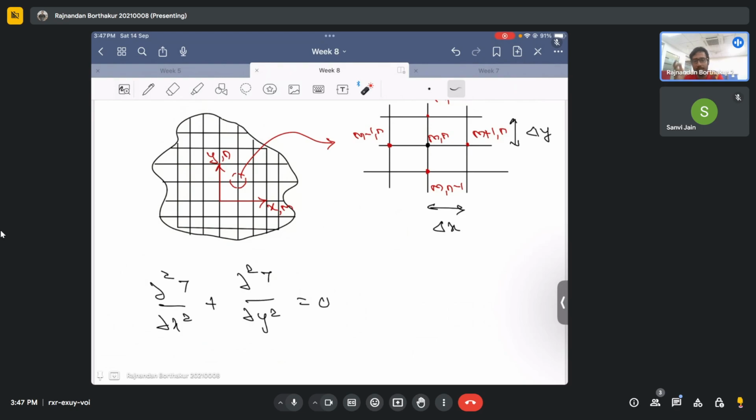So the idea is, let's say you know the boundary condition of this geometry, although this is an arbitrary geometry. If you know the boundary condition, how do we use numerical methods to basically evaluate the temperature field inside this body? But now you cannot use the method of separation of variable.